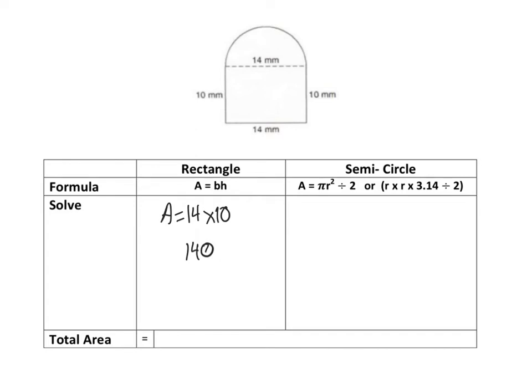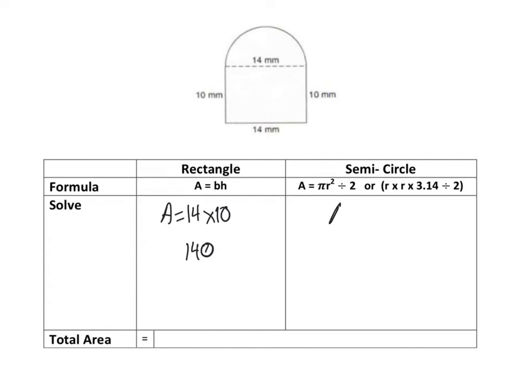Now to do the semicircle. With the semicircle, we have the formula right here: pi r squared divided by 2, or radius times radius times 3.14 divided by 2. We know that the diameter all the way across the circle is 14 right here. So the radius would be half. Half of 14 is 7.